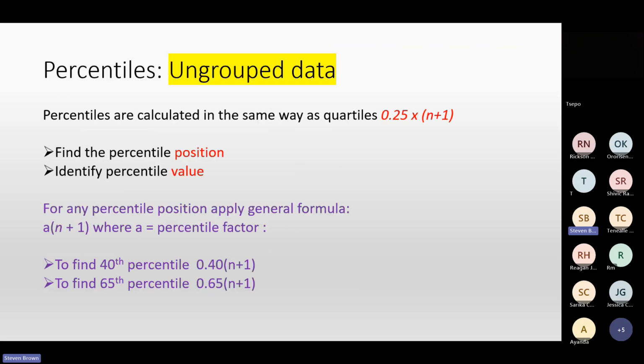Right, lastly, for your question 3, before we get to the percentiles and quartiles on group data, they can ask you for a percentile. So let's stop. Question 3 is ungrouped data, one long line of numbers, okay? It's not in a table.